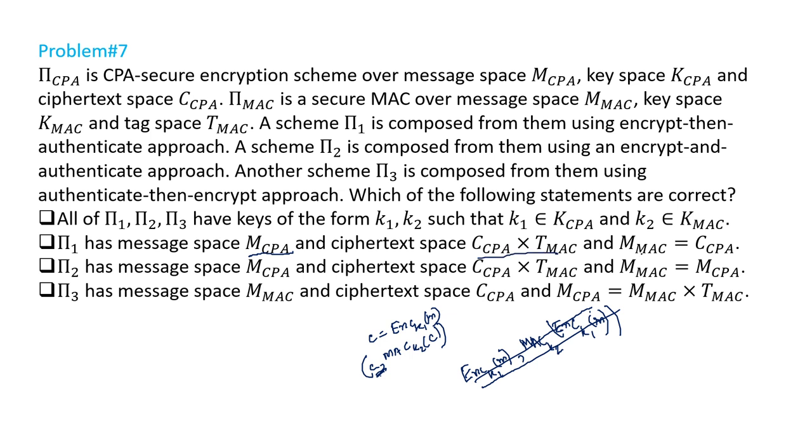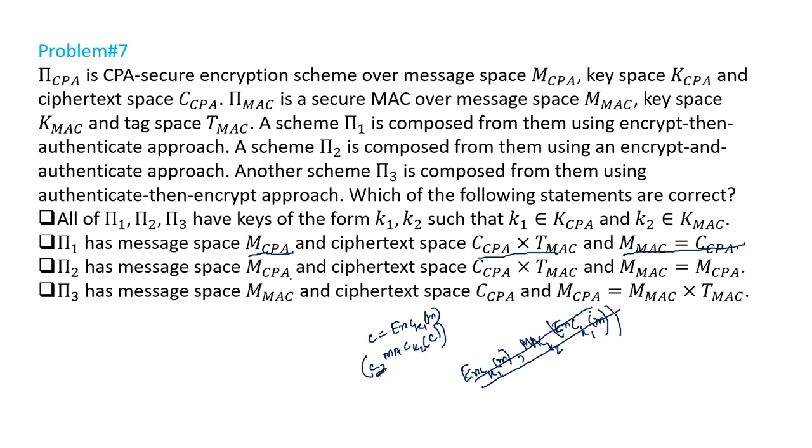Also for the MAC scheme, the input space is the ciphertext space of the CPA scheme, because we are taking the ciphertext as the input of the MAC scheme. So the ciphertext space C CPA is actually the input space for the MAC scheme. That is why the input space of the MAC scheme is the ciphertext space of the CPA scheme.